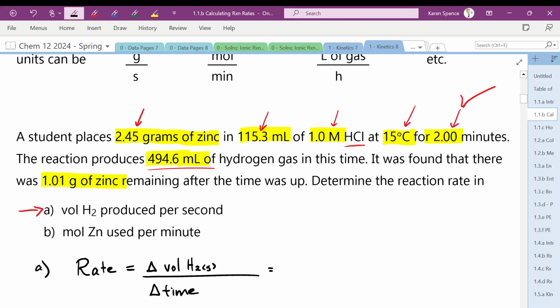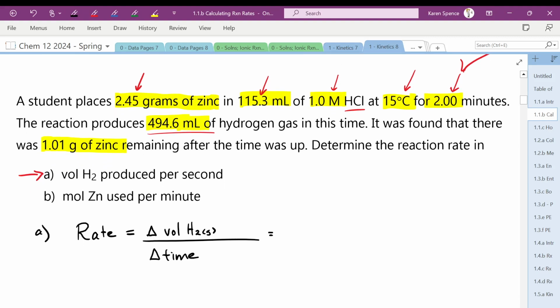Now, you don't want to just plug your numbers into your calculator and spit it out the other end. You now want to take the numbers that are given to you in the question. So we have 494.6 milliliters, and our time is 2.00 minutes.